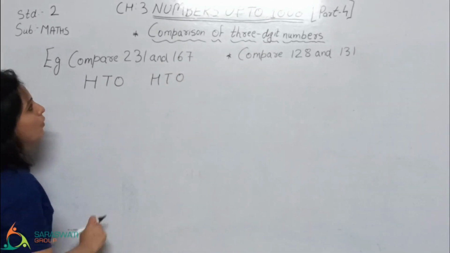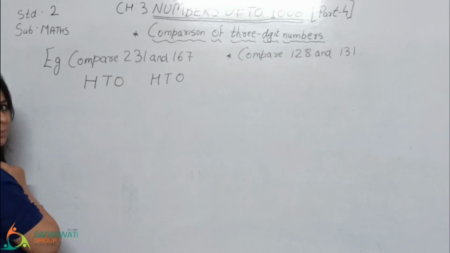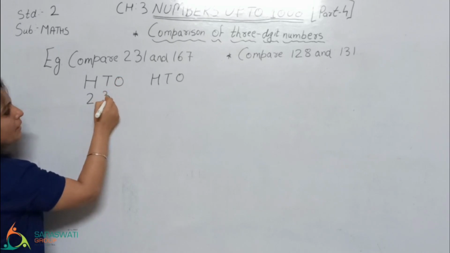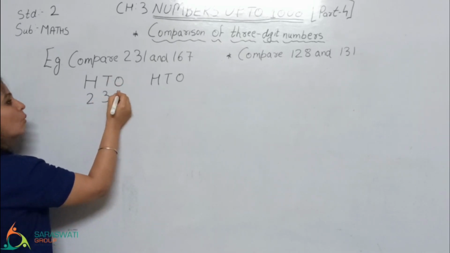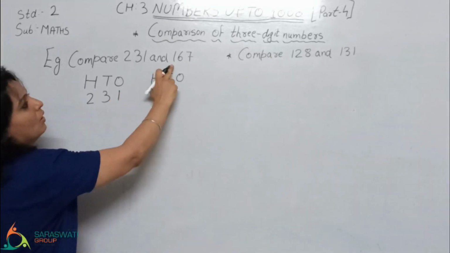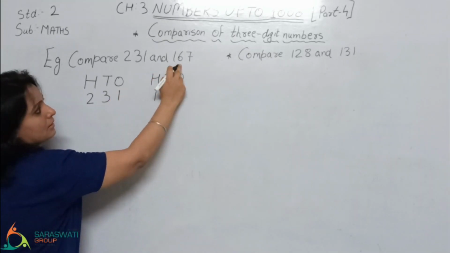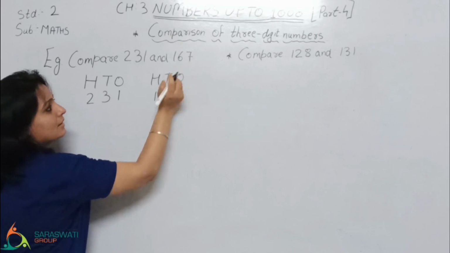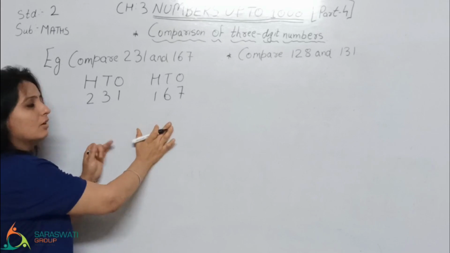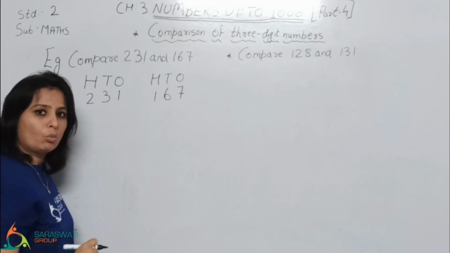Okay, now I will place the digits at their respective places. 2 at hundreds place, 3 at tens place and 1 at ones place, right? In the same way for this square, 1 at hundreds place, 6 at tens place and 7 at ones place. Now, you already know what number comes at hundreds, tens and ones place.